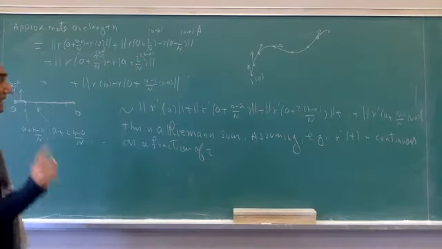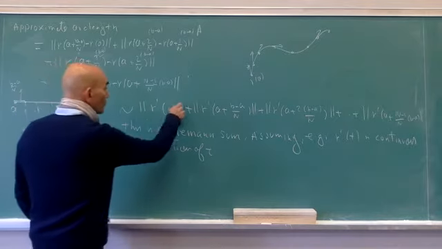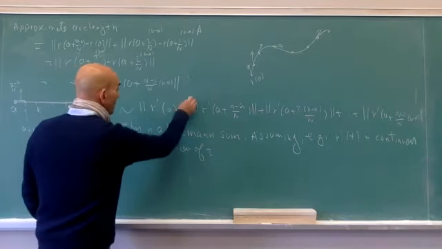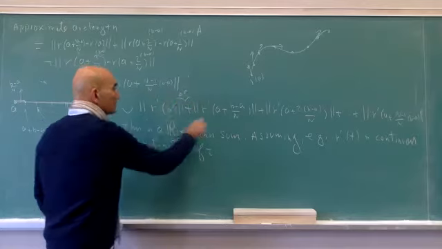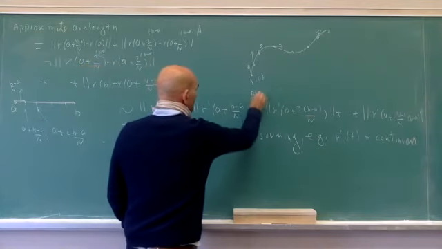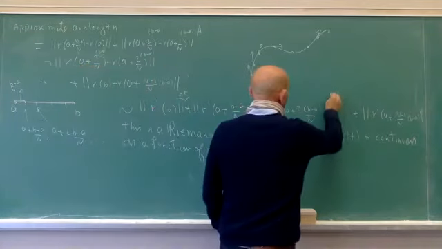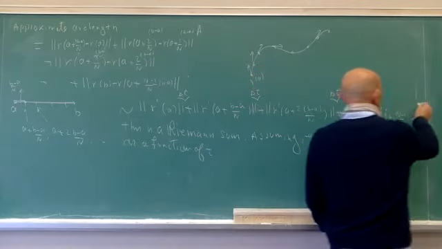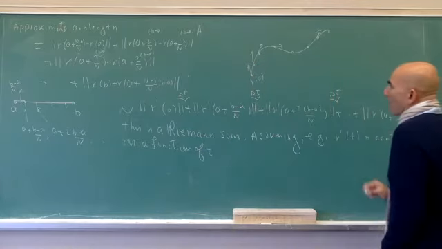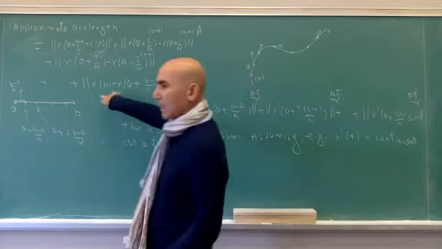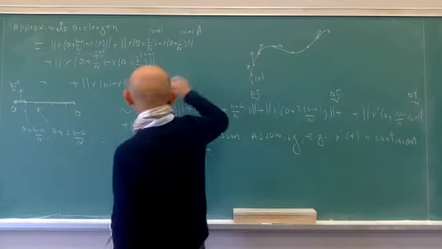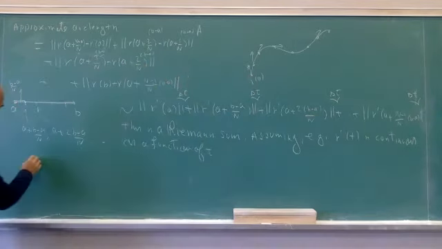There is one piece that's missing, namely we should also multiply this by delta t. Because for the derivative, what I'm using is this approximation.